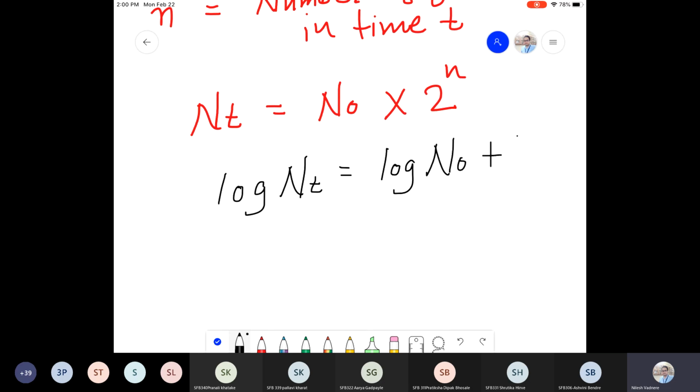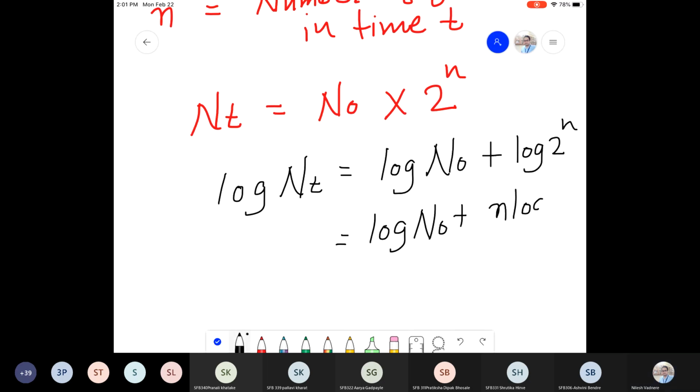So plus log of 2 raised to n. So whenever there is this log of some number raised to something, that raised to number comes as a multiplication factor. So it is equal to log of N0 plus n log of 2. ये जो ऊपर वाला n है वो यहाँ आ जाएगा, n into log of 2.